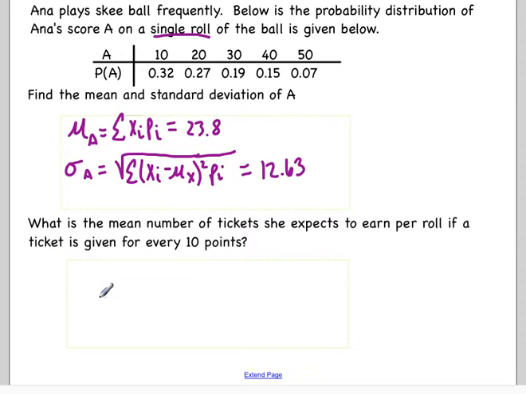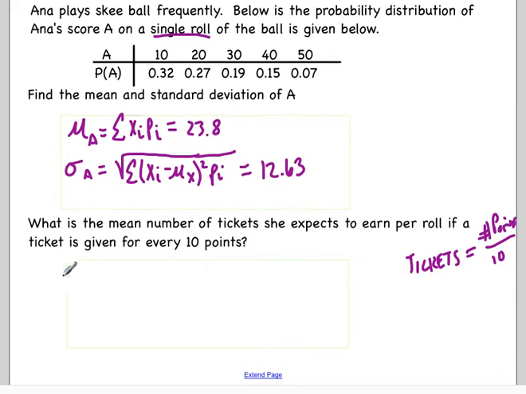Okay, so think about, what are we going to be doing to the points? We're going to be taking the amount of points, dividing them by 10, and that's how we get how many tickets. Maybe we'll do it off to the side. Tickets would equal the number of points divided by 10.